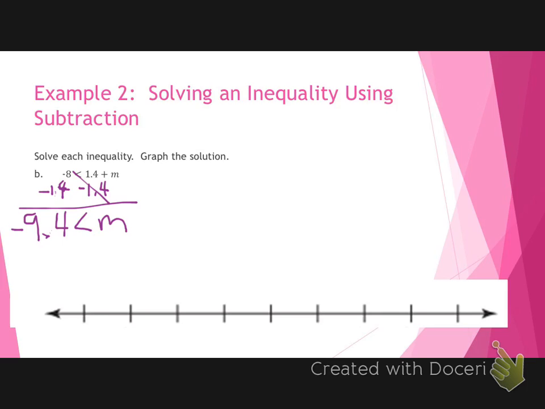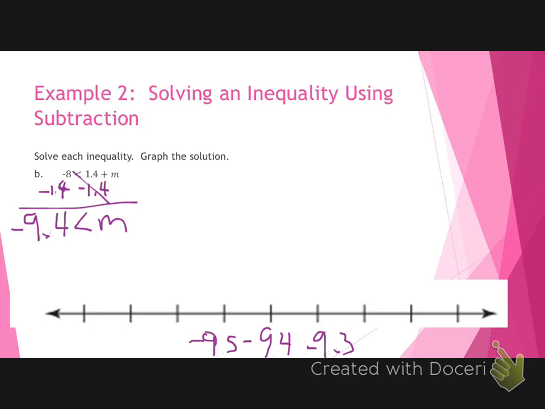So now when I go to graph this, I will just make this negative 9.4, negative 9.3, negative 9.5, and you could keep filling those out, but okay, we're looking at negative 9.4 is less than m.